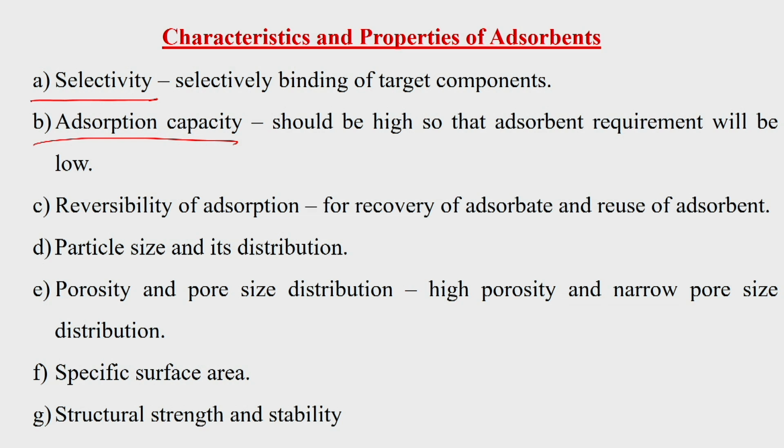It should be very high, so that the adsorbent requirement will be very low, and for a particular application we need to handle very little adsorbent. That is another factor. And the third criterion is the reversibility of the adsorption process.